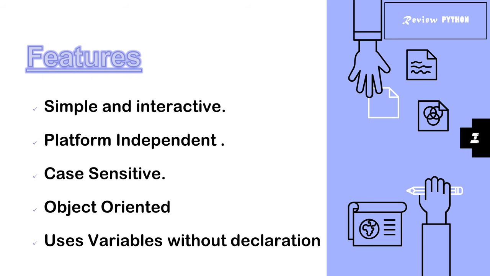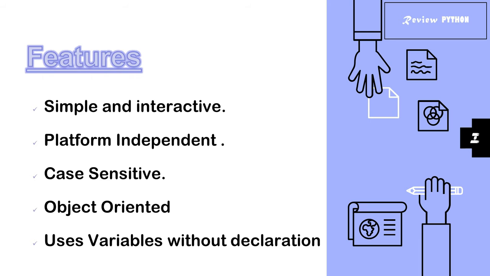As the first point suggests, simple and interactive. There is no need for a variable to be declared first and then used. We can directly use the variable as and when we require. I know you're hearing these words for the first time, but as we move forward and start with the programming, we'll get to know what I'm trying to say.